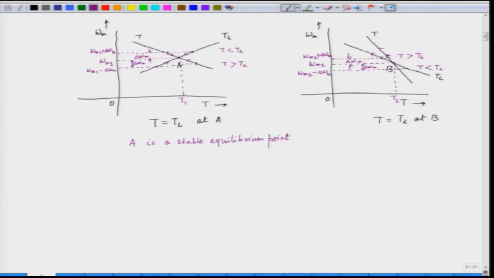So, the motor is less powerful than the load. So, the speed will further decrease. So, this operating point will go away from B. This is how the operating point will travel. So, it means point B is an unstable equilibrium point.